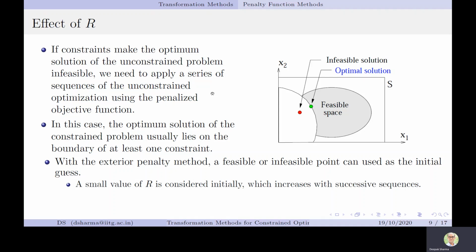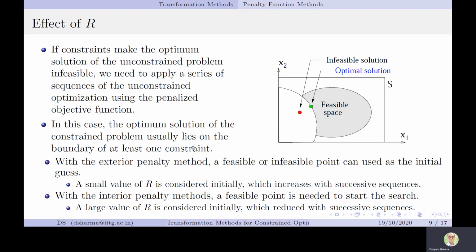Now, as we know, what the value of r should be depends on exterior and interior penalty. With the exterior penalty method, a feasible or infeasible point can be used as an initial guess. And we start with a small value of r, which we keep on increasing in the successive sequences. However, with the interior penalty method, a feasible point is needed to start the search.